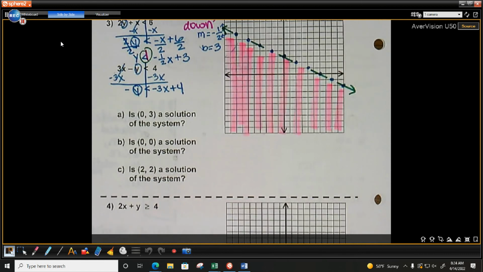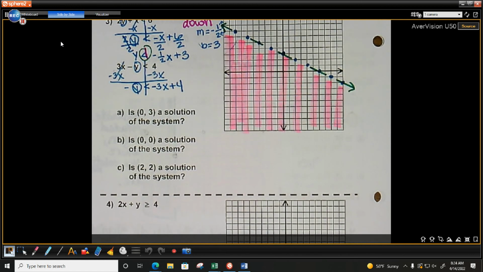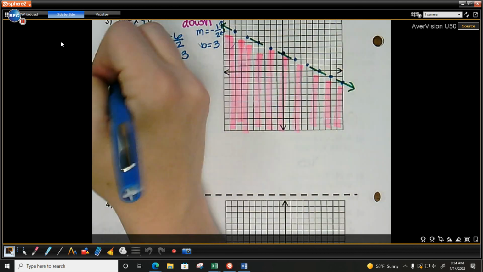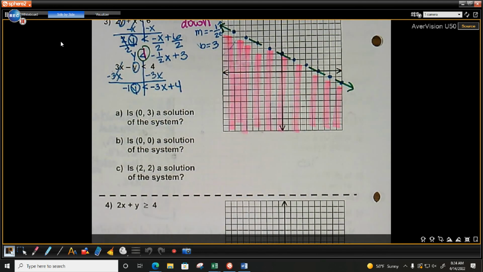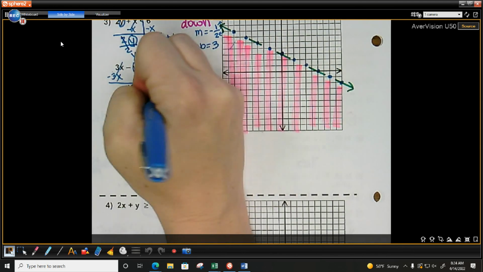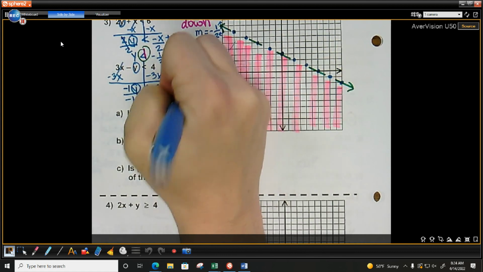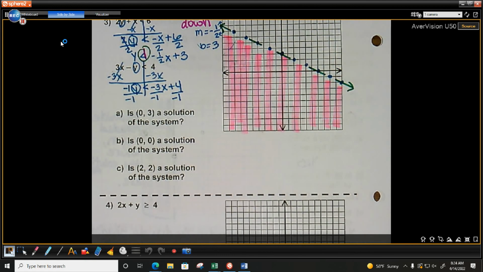Negative 1. Divide by negative 1. Very good. If there's no coefficient, you have an understood coefficient of 1. Divide everything by negative 1. What happens when you divide inequalities by negatives, guys? Flip the inequality sign. That is the biggest mistake when we're doing our inequality. So now instead of being a less than, we're going to be a greater than.